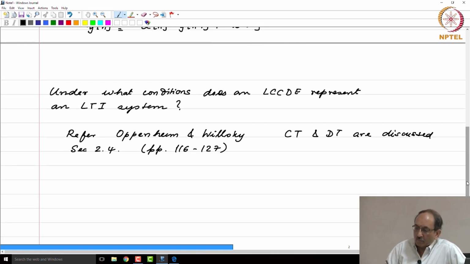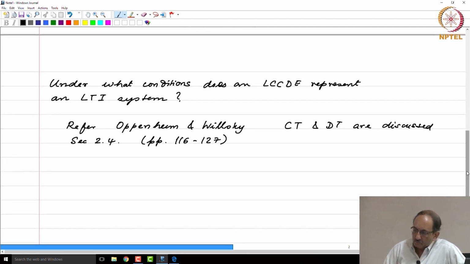Oppenheim and Willsky work out the continuous time case example in a very detailed manner, and in one of the exercises the DT case is developed, paralleling exactly what is happening in the CT case. And we will just make note of the conclusion that falls out of this.